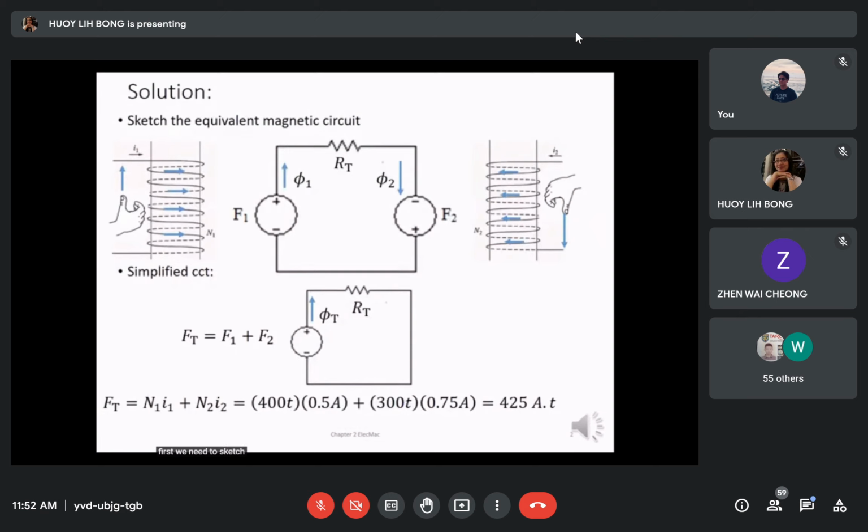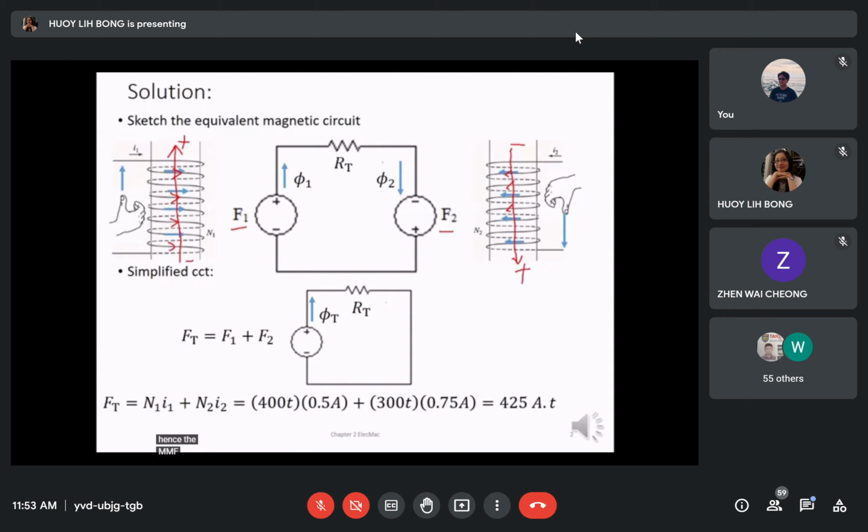First, we need to sketch the equivalent magnetic circuit. For the source F1, to determine the polarity, we use our right hand rule and coil our finger following the direction of the current, and we will find the flux is flowing from the bottom to the top. While for F2, using the right hand rule, we found that the flux is flowing from the top to the bottom.